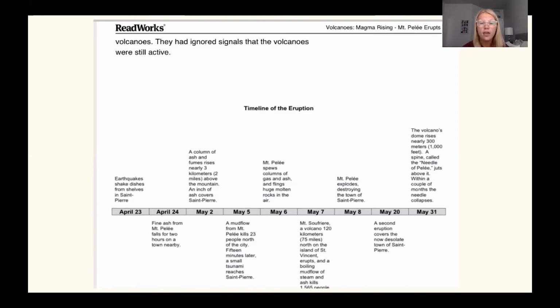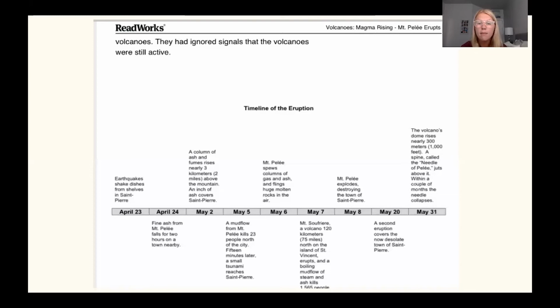On May 5th, a mud flow from Mount Pelée kills 23 people north of the city. 15 minutes later, a small tsunami reaches St. Pierre. On May 6th, Mount Pelée spews columns of gas and ash and flings huge molten rocks in the air.